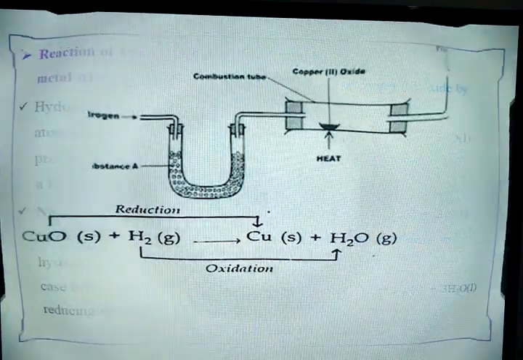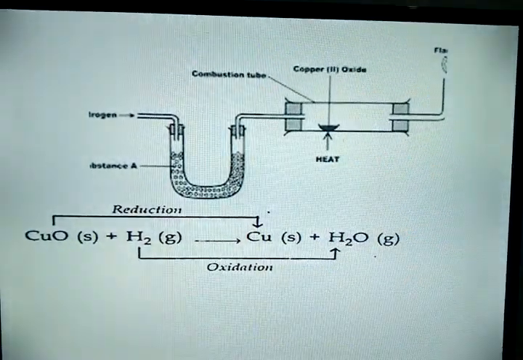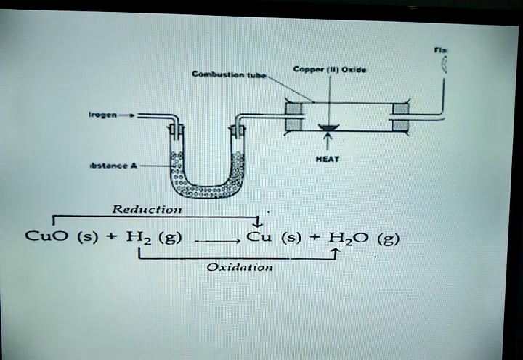I tried to represent that reaction in a diagram, that if I have hydrogen entering, substance A must be a drying agent. Name any drying agent that can be used to dry hydrogen. This hydrogen will be directed into a combustion tube or an ignition tube, where we have copper 2 oxide that is heated.